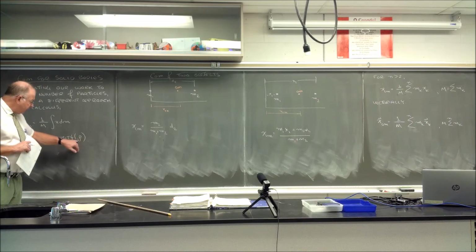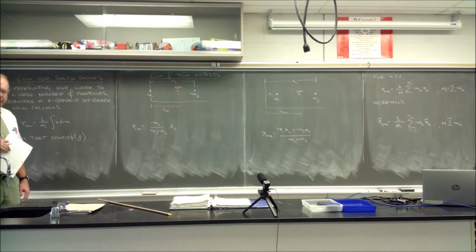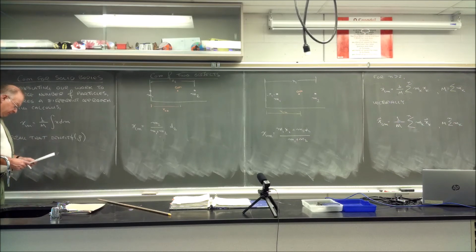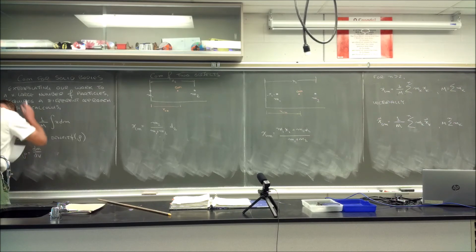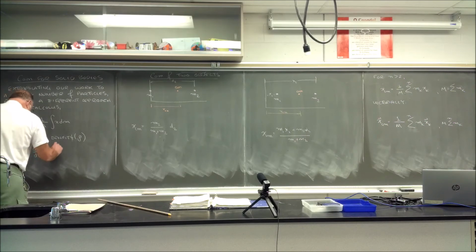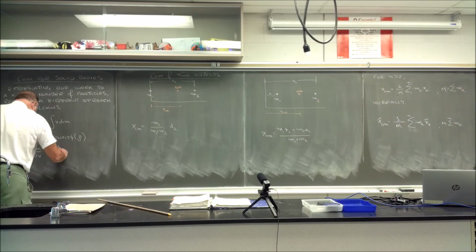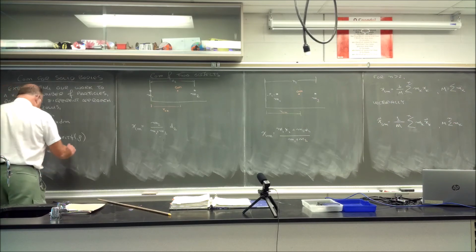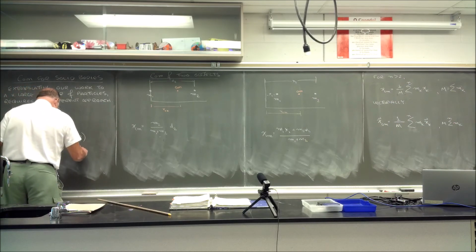I've got a back tail on my rhos, and to distinguish them, it seems to work. And rho is going to be equal to dm dv. And this then would extrapolate to big M over big V, and I'll put here if constant.